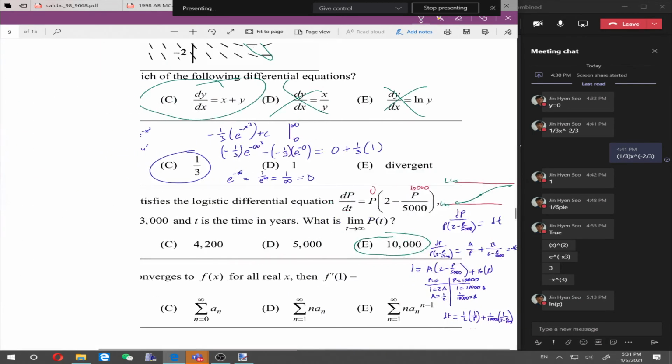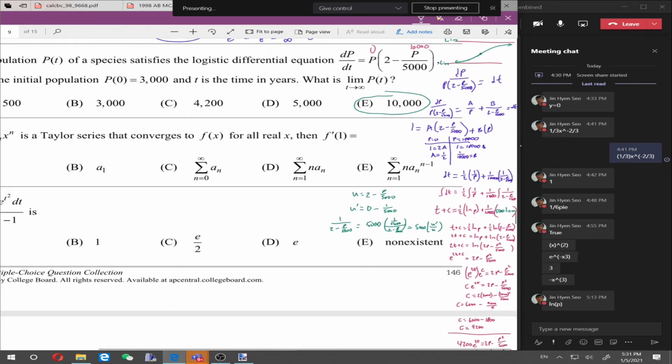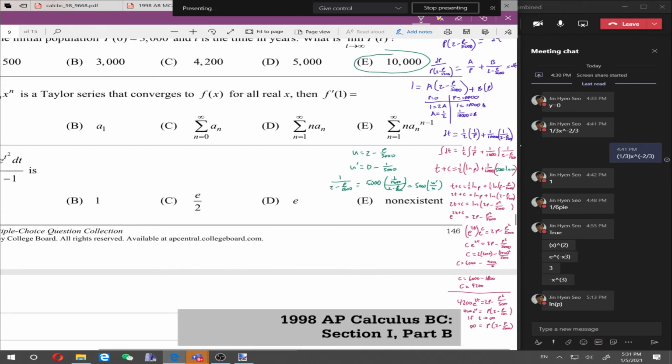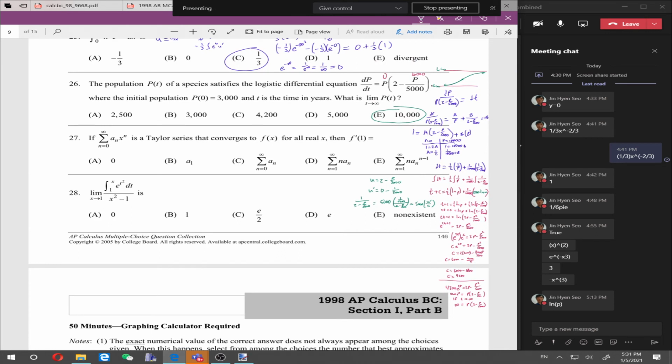So that's our shortcut, and I should have been able to get there with separable differential equations. I'm not exactly sure where my mistake is. So I may have to take a look at that a little bit later. Sorry guys. Does everyone understand what's going on with the shortcut though?